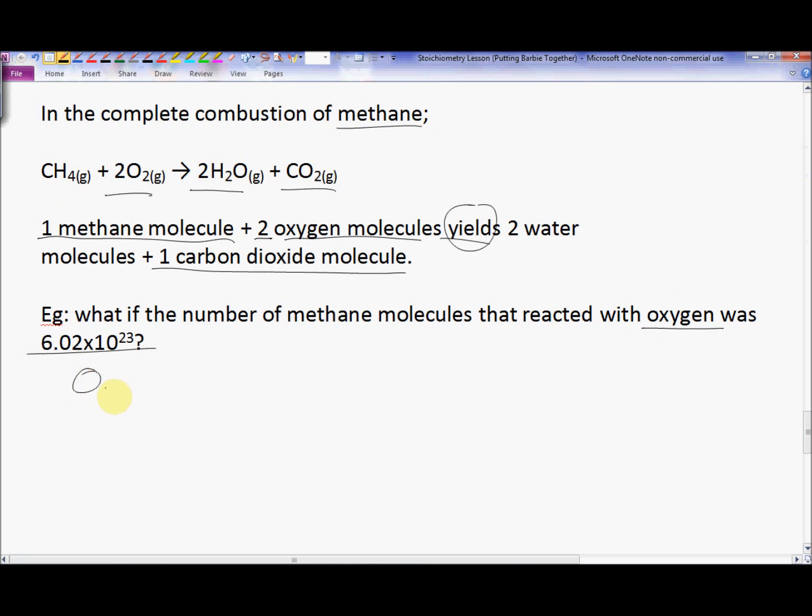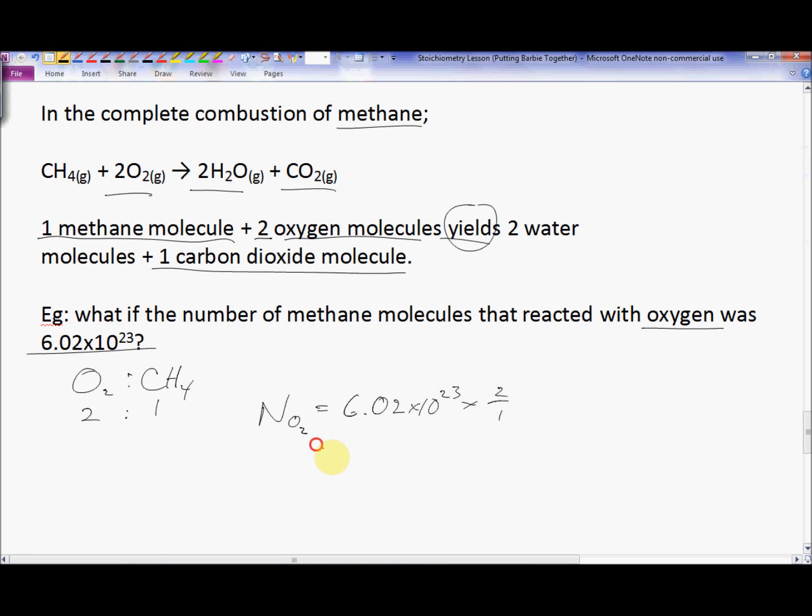So the oxygen to methane ratio is 2 to 1. So the number of particles of oxygen is going to be equal to 6.02 times 10 to the 23 times 2 over 1.